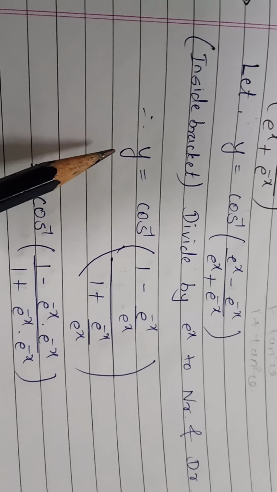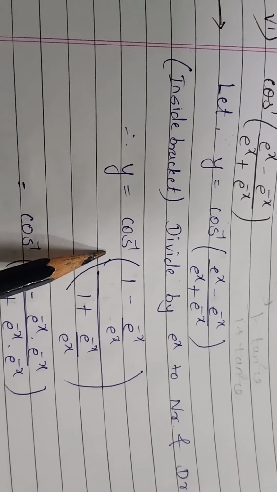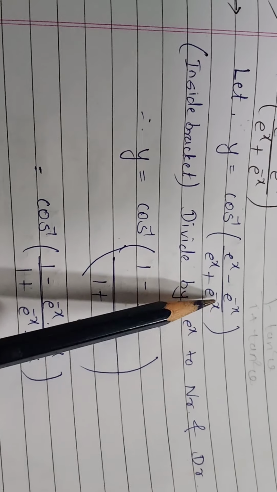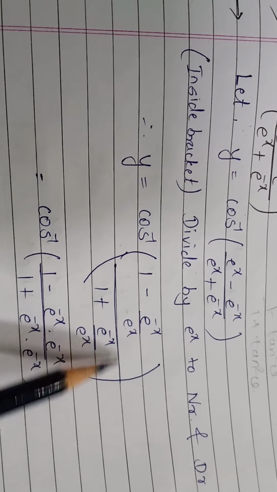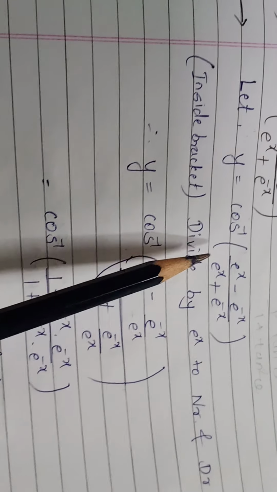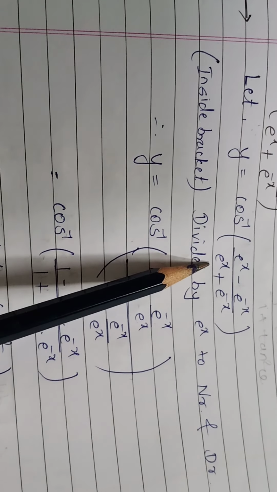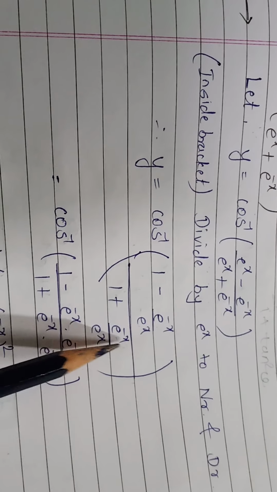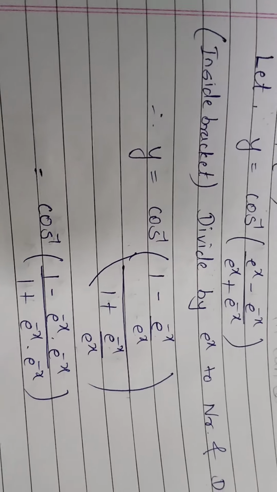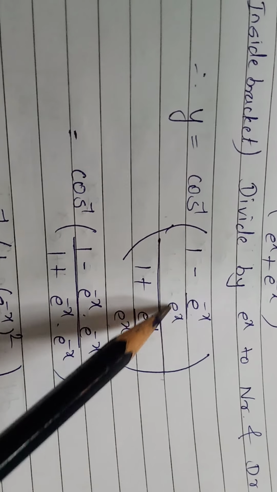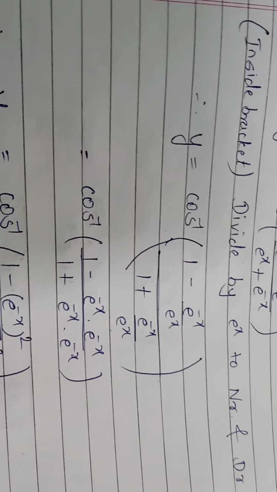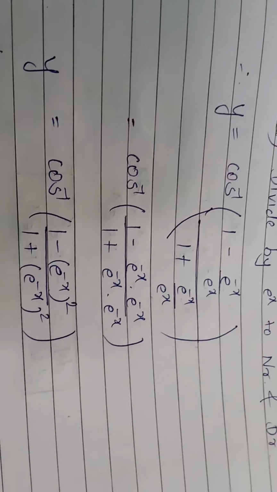So y is equal to cos inverse of 1 minus e raised to minus x upon e raised to x, and for the denominator this will be 1 after dividing by e raised to x, plus e raised to minus x upon e raised to x. Now see, these parts will go into the numerator with minus sign in their indices, okay?